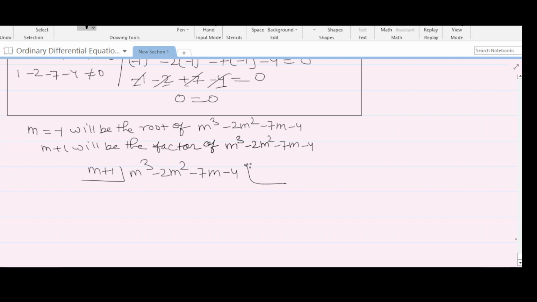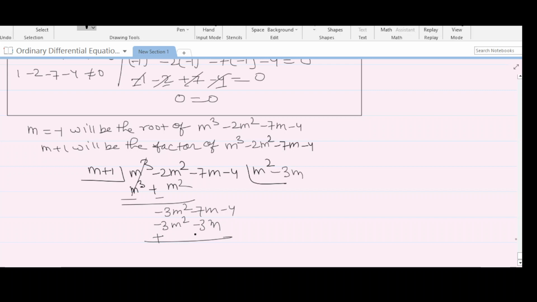In order to divide it, we multiply by m square. We get m cube plus m square, minus minus, it will be cut out, minus 3m square minus 7m minus 4. We multiply by minus 3m, so we get minus 3m square and then minus 3m.